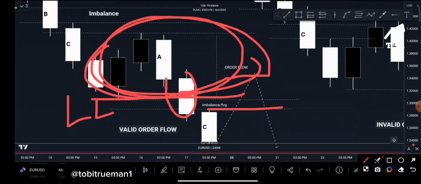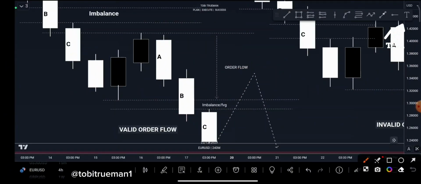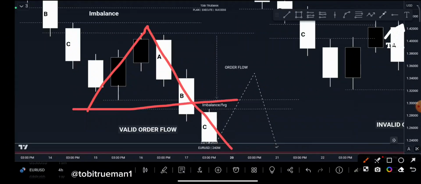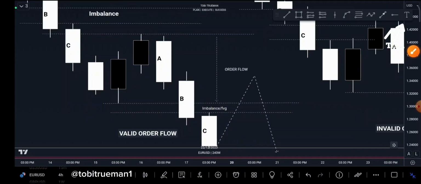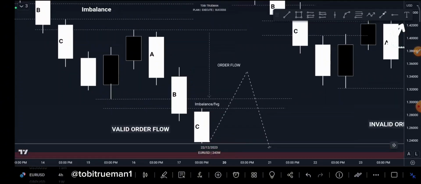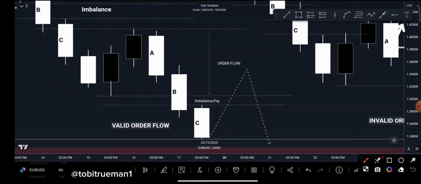So price makes a formation like this. Price went up, made a retracement, which is a corrective move, went down, broke below here. When price broke below it, it formed another candle, leaving a gap in between. Therefore, when price has formed the next candle after the candle that broke the lower low, this is the lower low, this is the candle that broke the lower low, right?